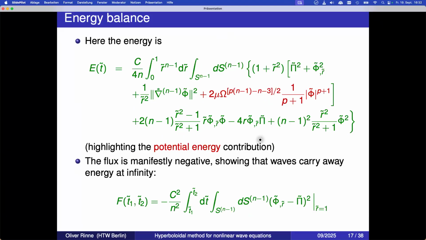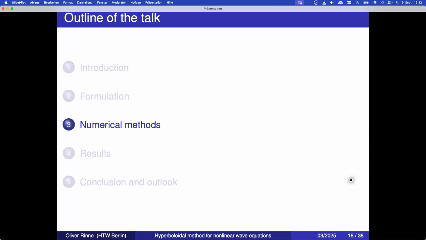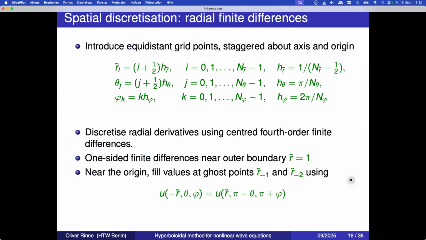Okay, all right. So this is all I wanted to say about this energy balance. And now I want to come to the actual numerical methods which I'm using. For the radial discretization, in all dimensions, I use equidistant grids.